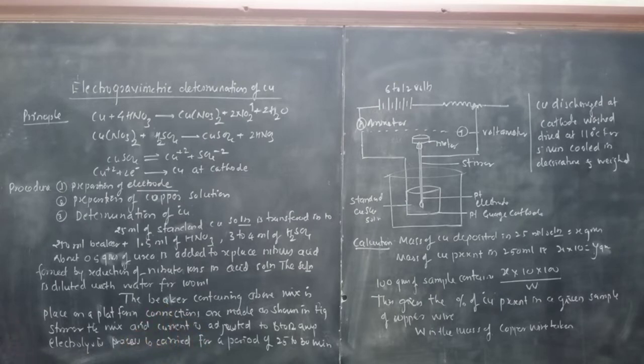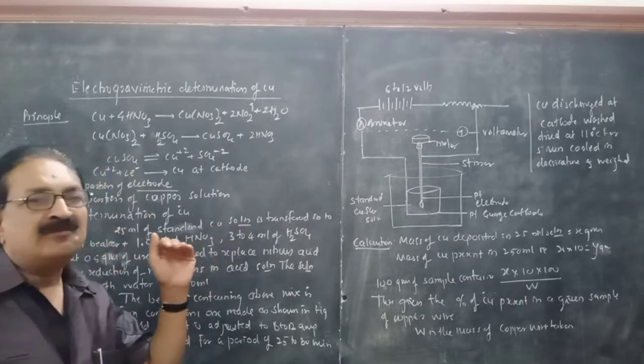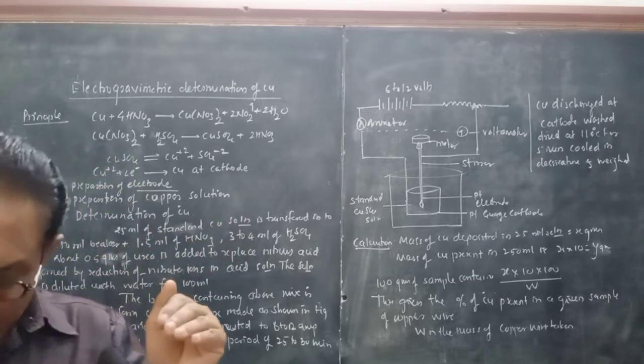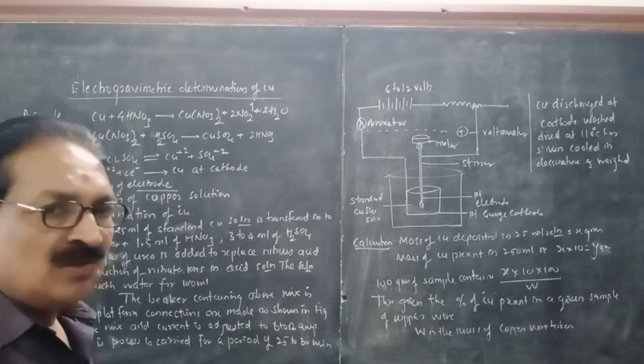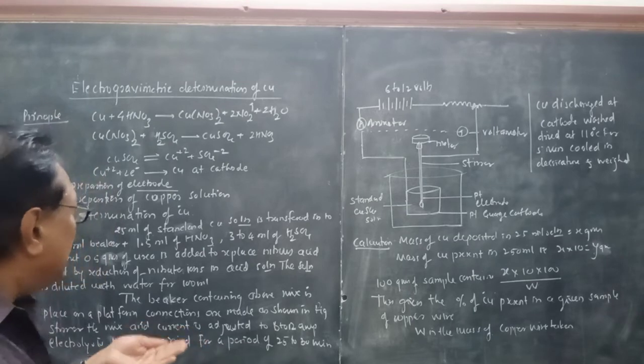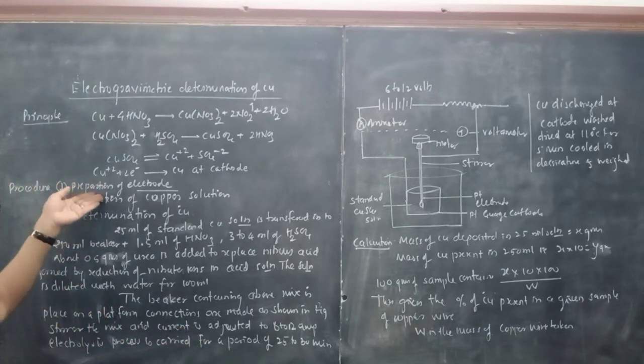Then the electrode is dried for 5 minutes by heating to a temperature of 110 to 120 degrees centigrade in an electric oven. After that, the electrode is removed, cooled, and kept in a desiccator. After cooling, it is weighed. Here, the electrode weight is important. That is called the preparation of the electrode.